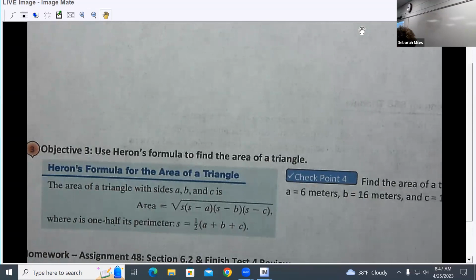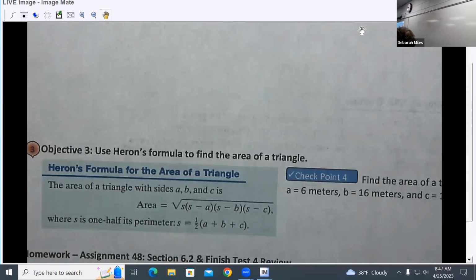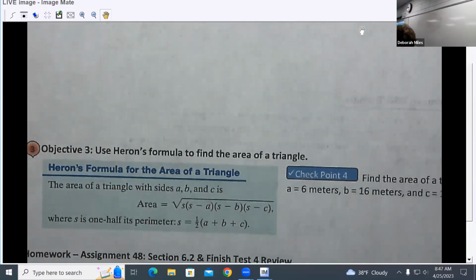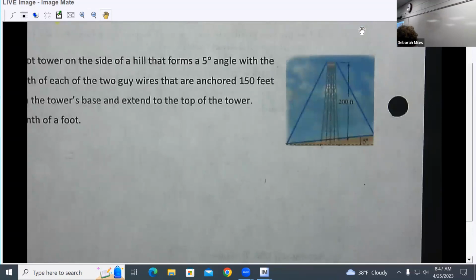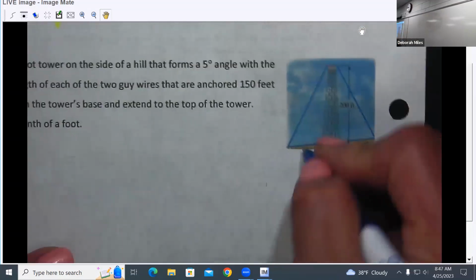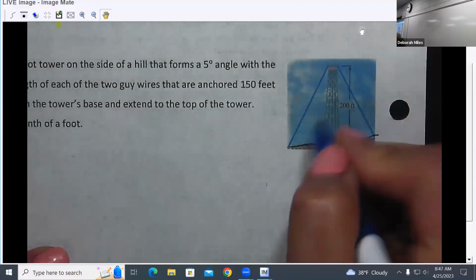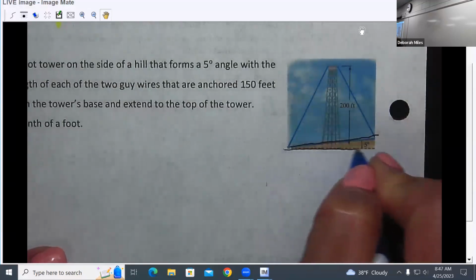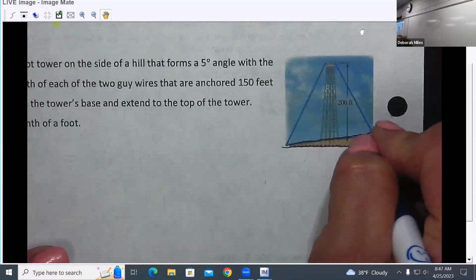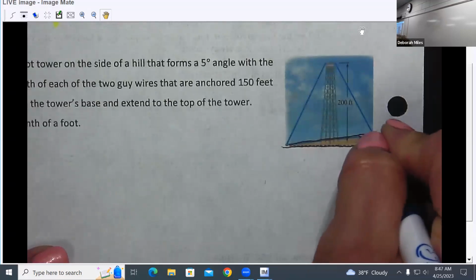The figure shows a 200-foot tower on the side of a hill that forms a 5-degree angle with the horizontal. And I was so nice that I gave you a picture of the hill, a picture of the horizontal, and I even put the 5 degrees in the right place for you.